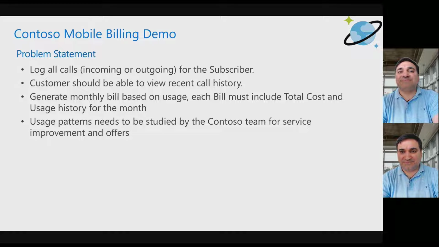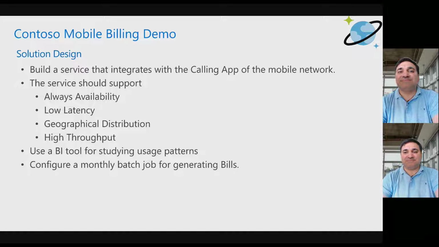So with these 4 problem statements, we came up with a solution design. And the solution design is very basic. Basically, we are saying we'll create a service that will integrate into the calling app of the mobile network. We understand the calling mobile app requires a service which is always available, which should have a very low level of latency.